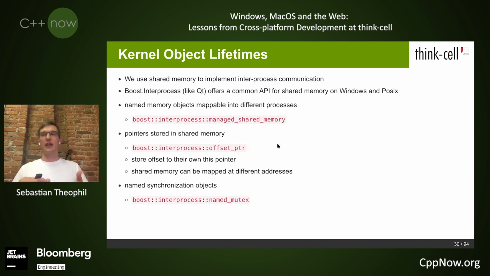Because if you have, let's say, a vector that internally has three pointers, and it is stored in shared memory, that vector can't store raw pointers because the shared memory object will be mapped at different locations in each process. Offset pointer is a very clever solution to that problem because each offset pointer just stores an offset to its own this pointer. And this offset is the same in each process. And last but not least, there's, for example, the interprocess named mutex to implement synchronization.